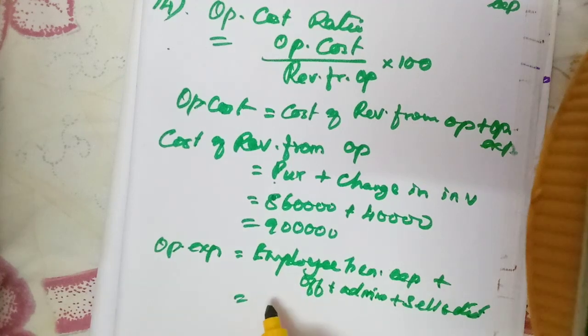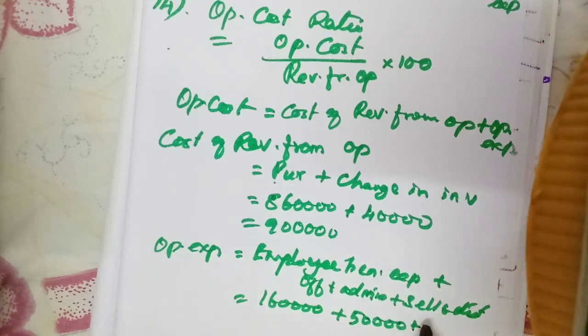Here employee benefit expenses are 1,60,000 plus office and administration. You see other expenses number 1 is given and below one table is given. Other expenses included office and administration, selling and distribution and loss on sale of furniture. So we have to take only office and administration 50,000 plus selling and distribution 90,000. Okay, how much will we get?